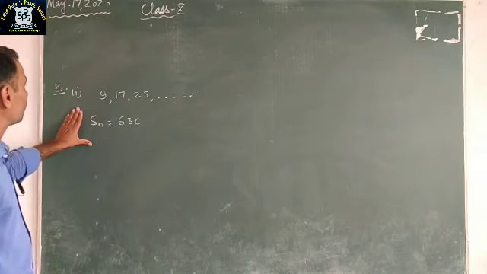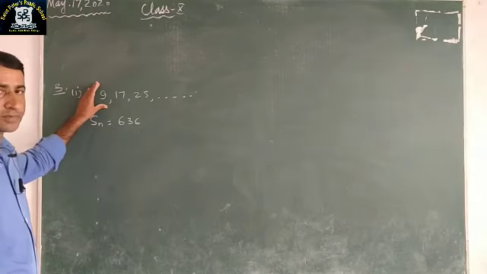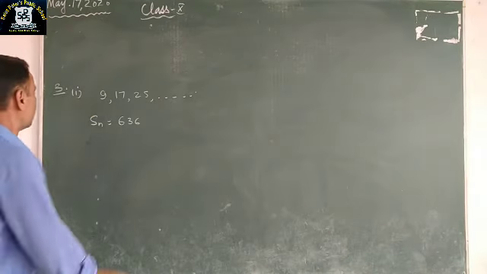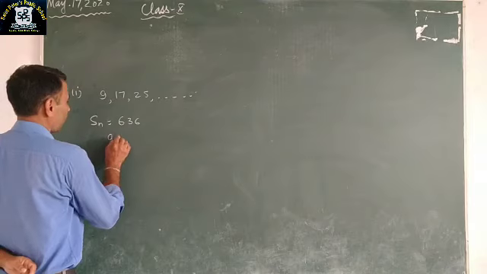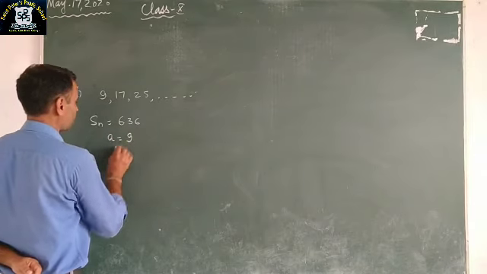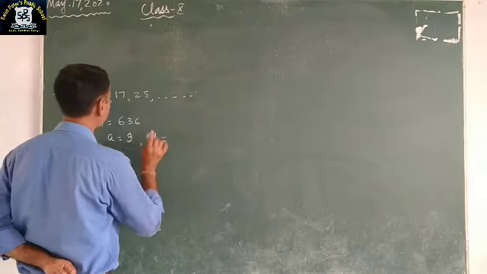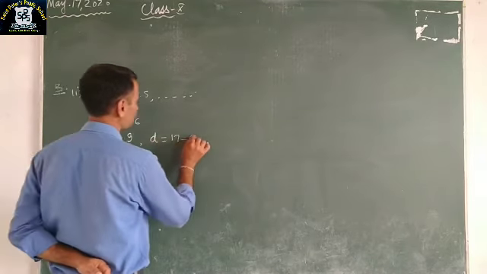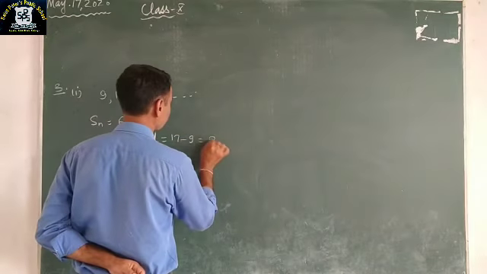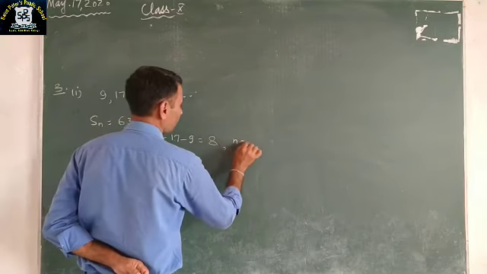Now in this question we have to find the number of terms. Here a is equal to 9 and the common difference d will be 17 minus 9, and that's 8. We have to find n.